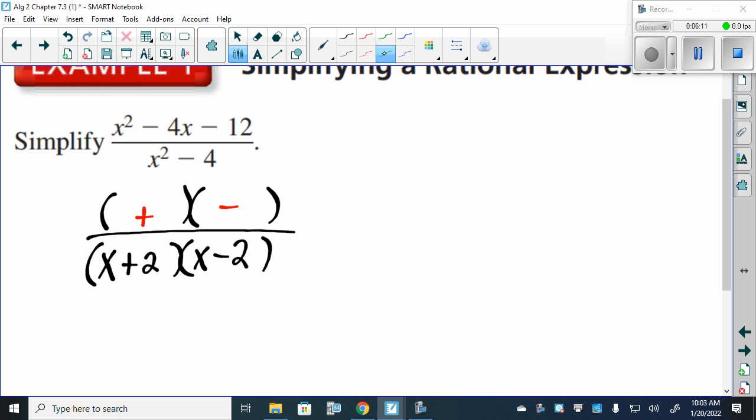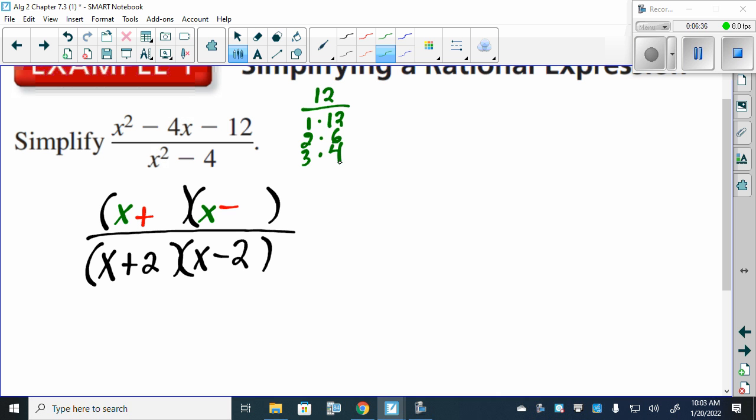Now we need to find the factors of x squared and 12. Well, x squared would be x and x. Now the factors of 12 are 1 and 12, 3 and 4, 2 and 6. Looking at these factors, there's more than one reason I'm picking 2 and 6.